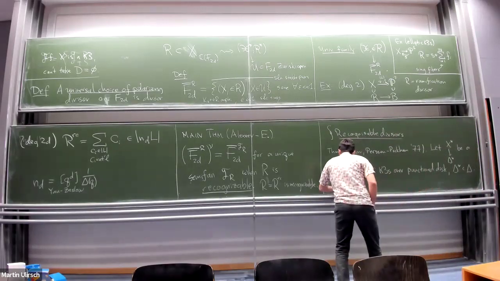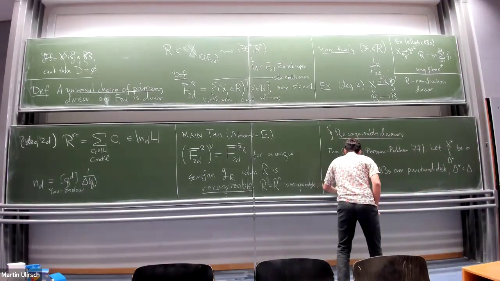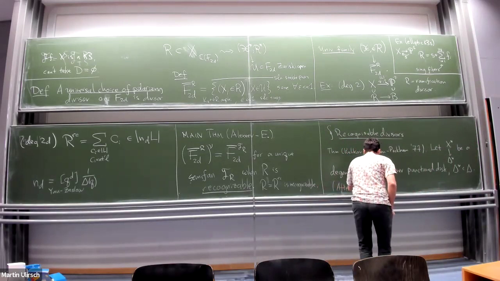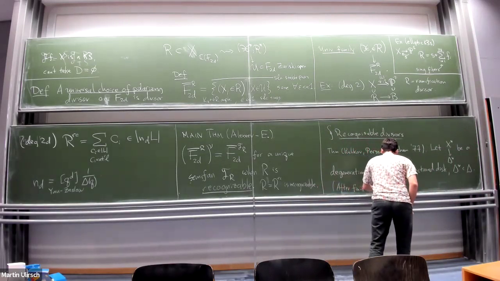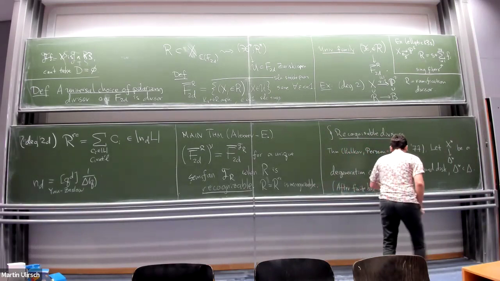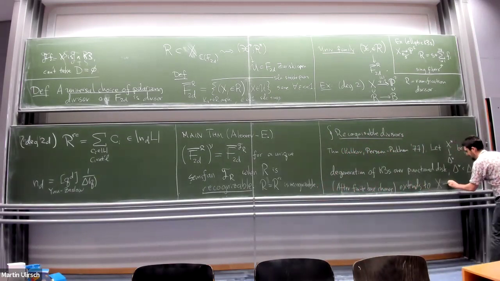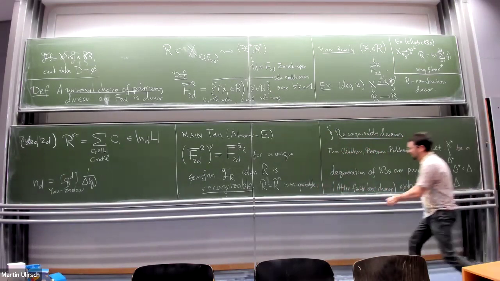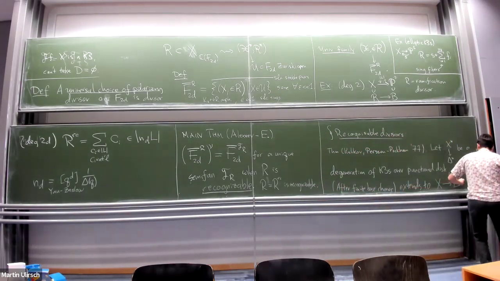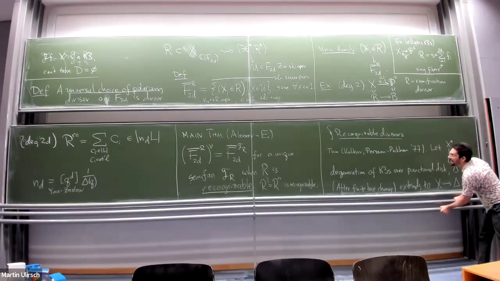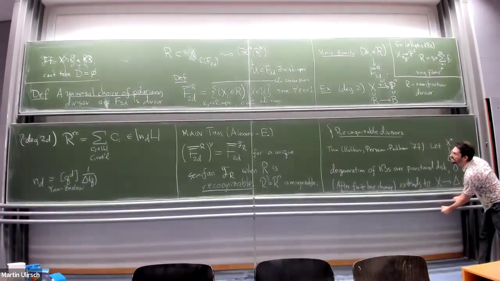Then after a finite base change, we can extend it to an X over delta. So we can fill in the central fiber such that... I don't know if there's room for conditions.